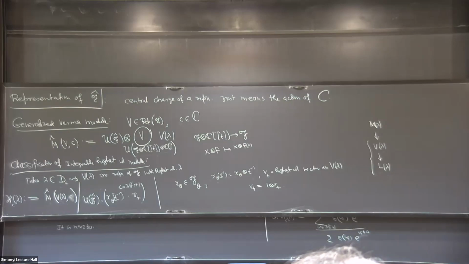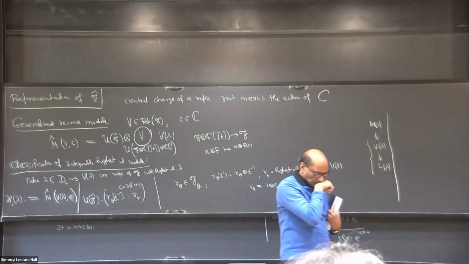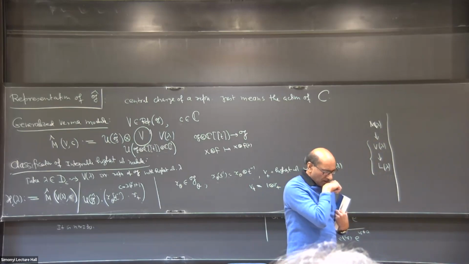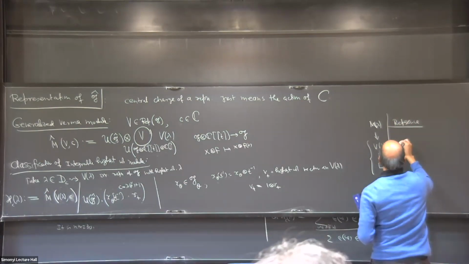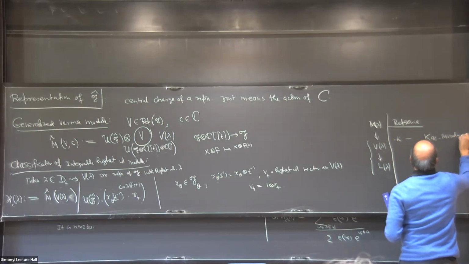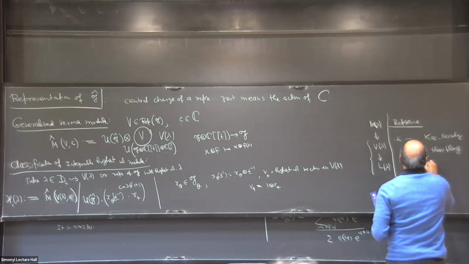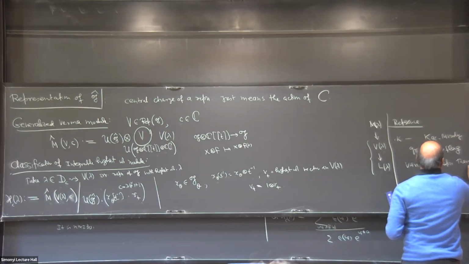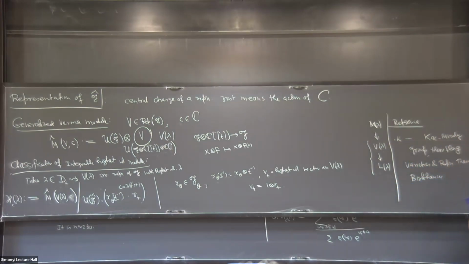Can you give a reference for the proof of the Weyl character formula? Yes, it is in my Kac-Moody book.